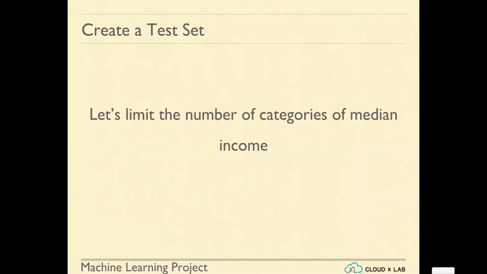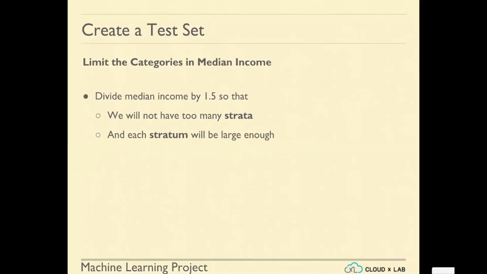So first of all, we are going to limit the number of categories of the median income. Let's divide the median income by 1.5 so that we will not have too many strata.